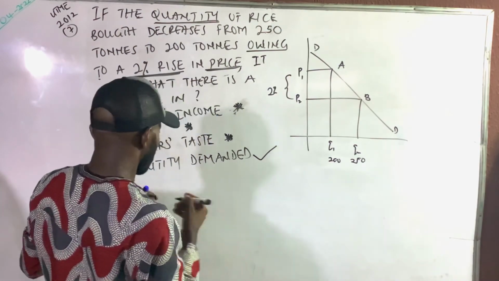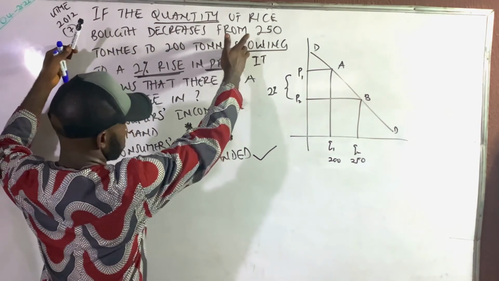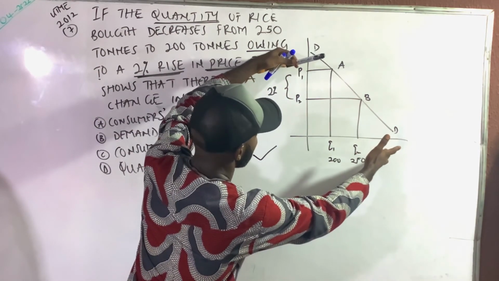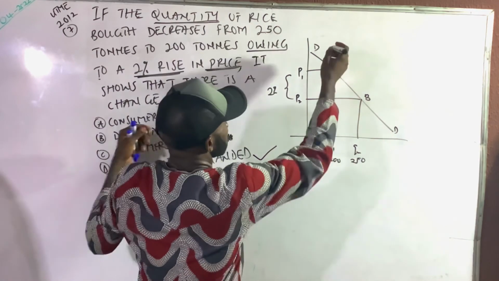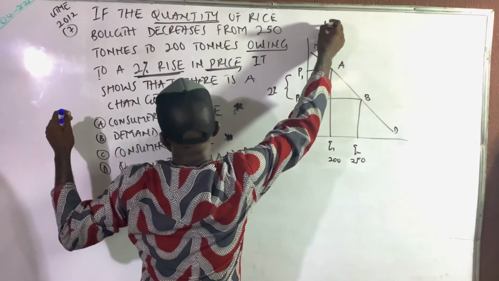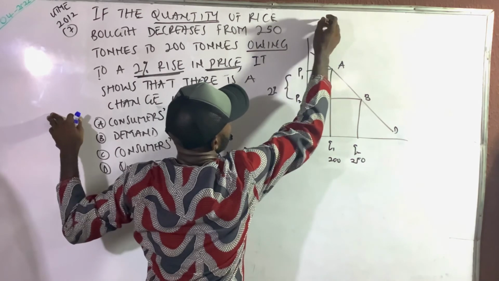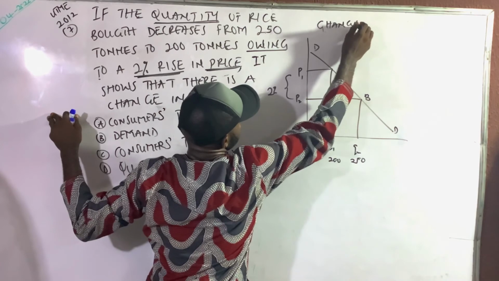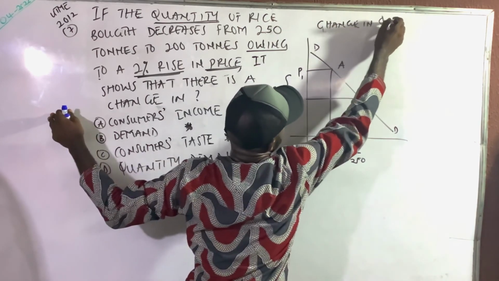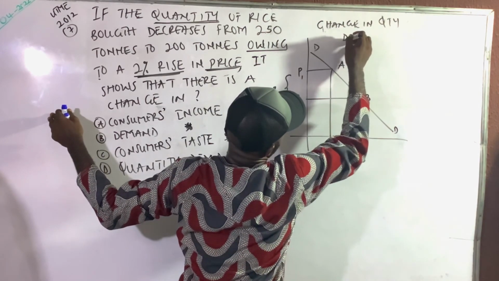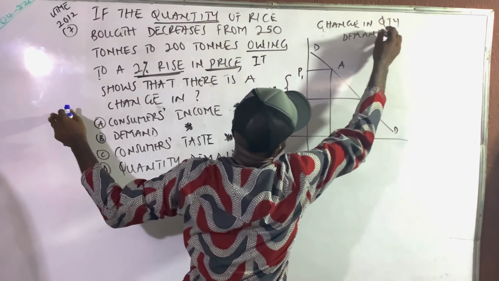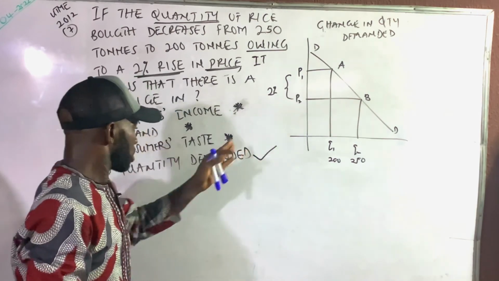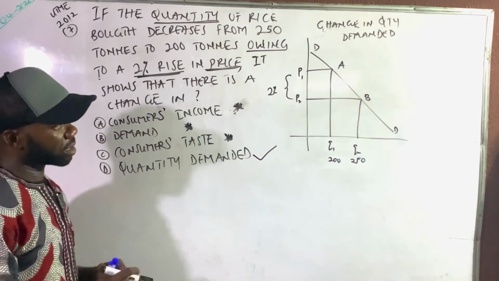You can see that this question is extremely well explained with this diagram. And this diagram can only be tagged a diagram for change in what? Quantity demanded, which is what option D is all about. So look at this diagram. Option D is our best answer.